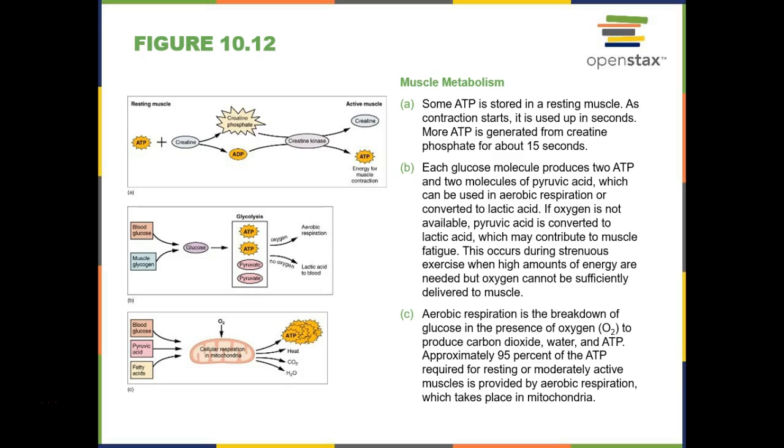Then when we need that extra boost of energy, creatine phosphate donates its phosphate back to the ADP, producing that ATP.